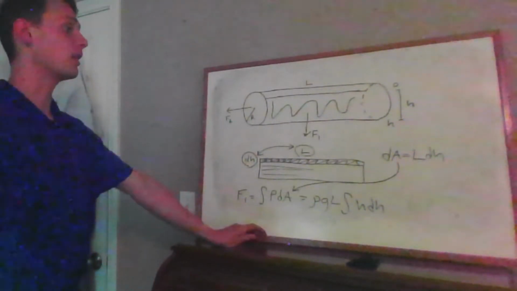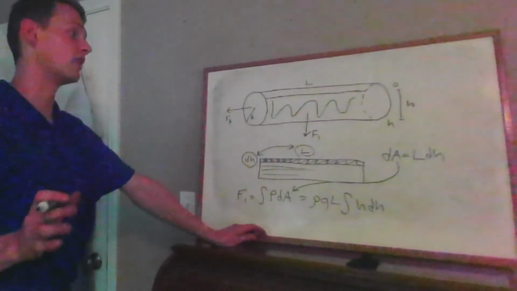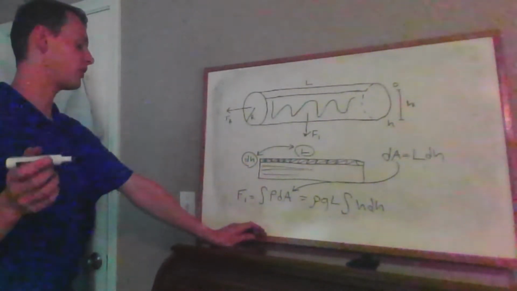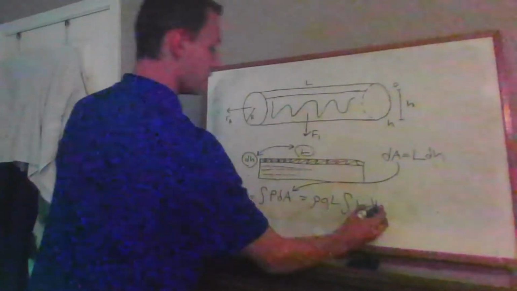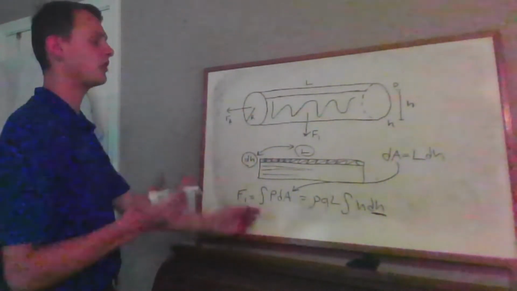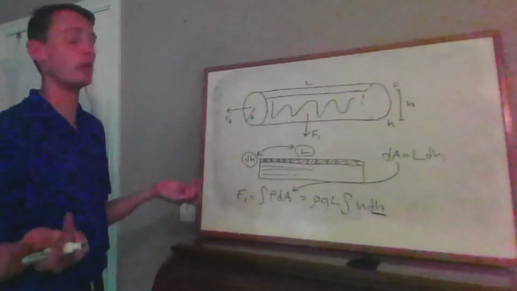The only issue here that is extremely important whenever we do any type of integration is, what are your bounds? Well, basically, this force is being exerted by the fluid, and it's going to be dependent on the height of the fluid. So this is going to be completely dictated by our fluid level.